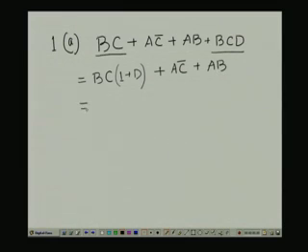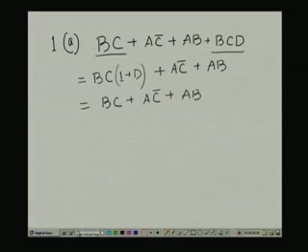Now, 1 plus D is 1 from the basic postulates. So, this becomes BC plus AC bar plus AB. This is a simple situation.